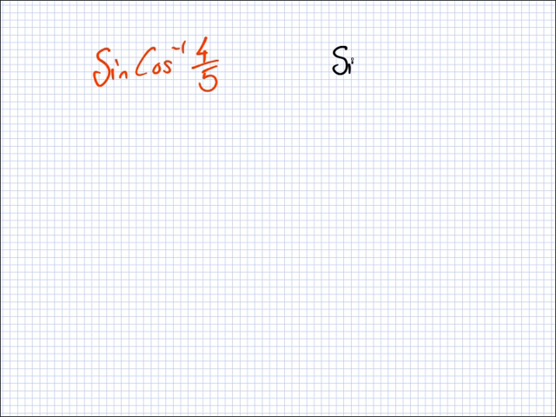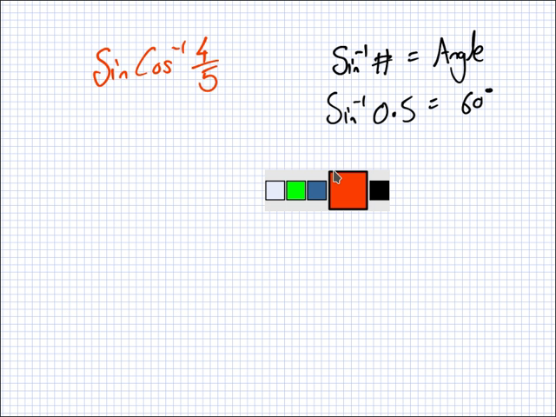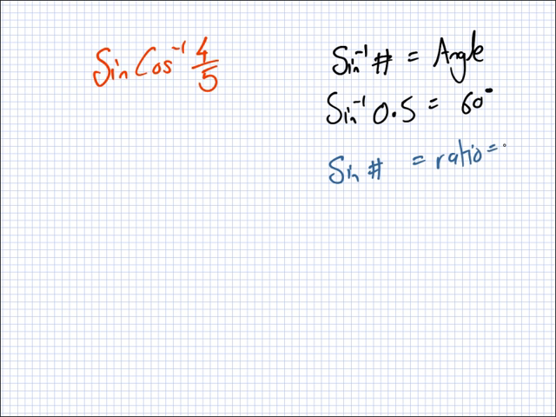If I type in sine inverse of a number, I get an angle, for example sine inverse 0.5 is 30 degrees. If I type in sine of an angle, I get a ratio, for example sine 45 degrees equals 1 over root 2.